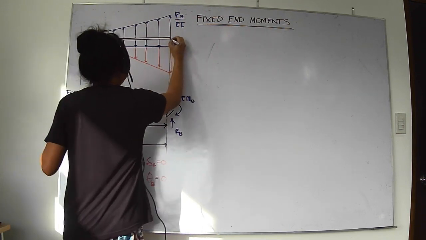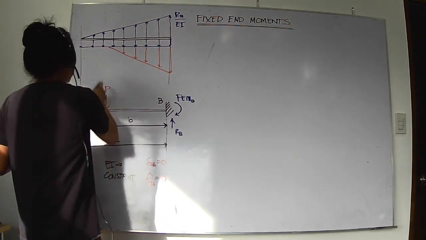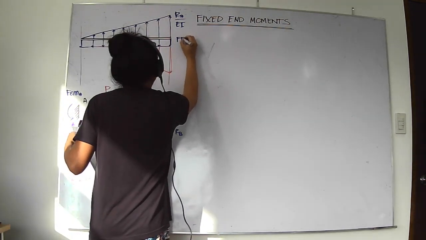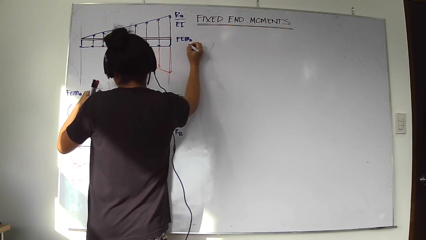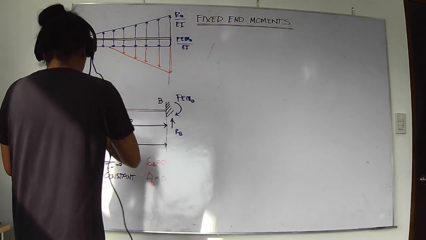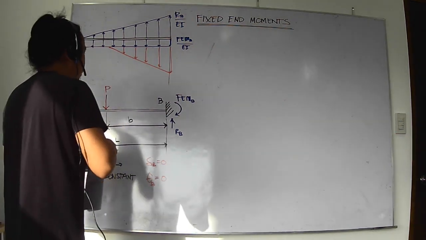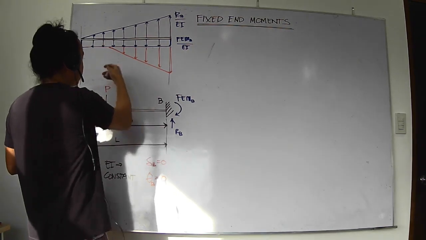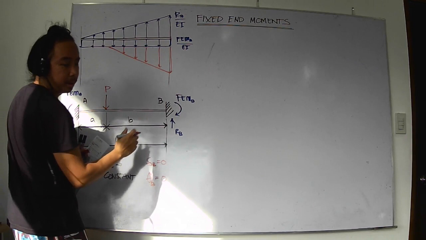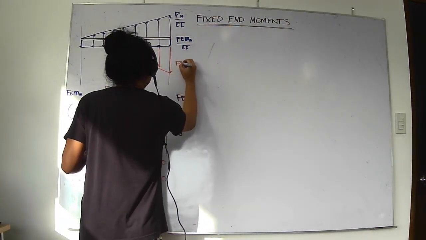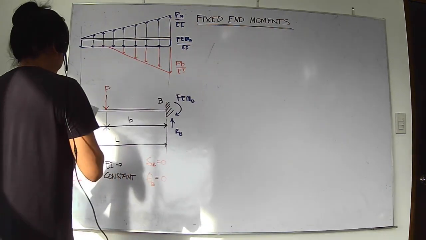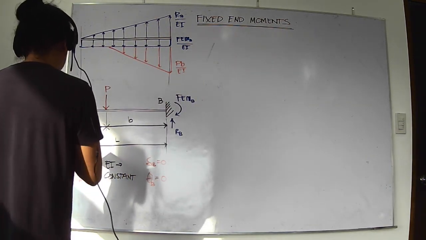This should be represented by FEMA divided by EI. That is for the blue internal loadings. Now the red one here should be P, with distance B, so this should be PB over EI. So our conjugate beam should look like this.